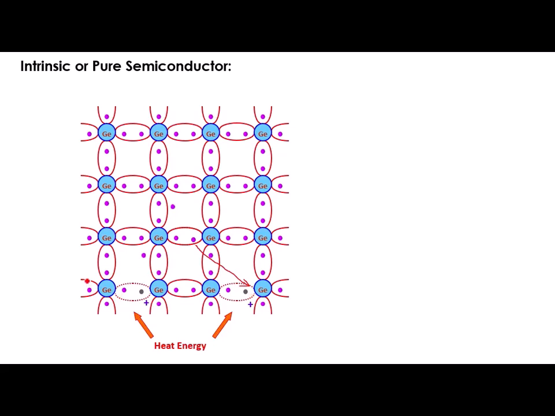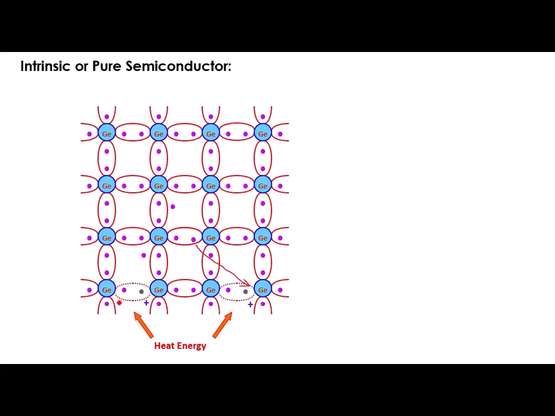This is one way of fulfilling this deficiency of electron. Another way of filling this deficiency is that it will try to pull one of those excited electrons back to this position to make this covalent bond intact again.